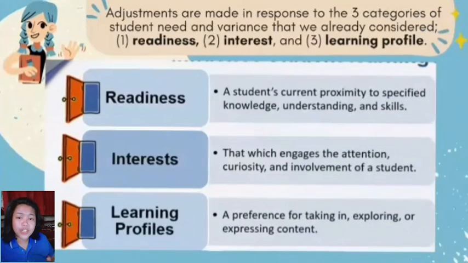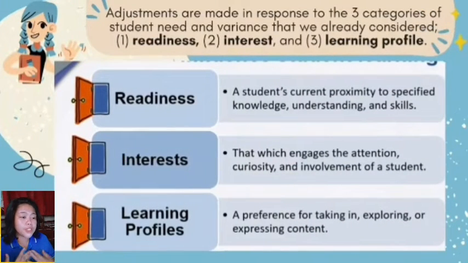Now, this adjustment that we tackled are made in response to the 3 categories of student needs or variance. Natakal natin to kanina, but these 3 are considered as some of the major variety of the student. Okay, first is the readiness.